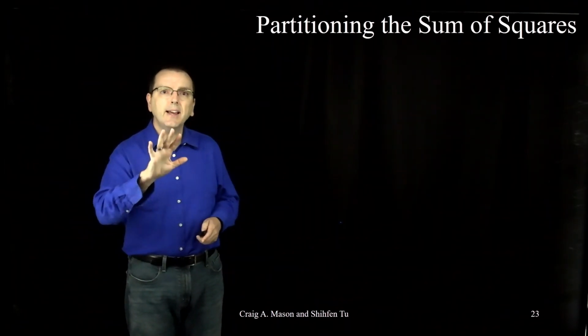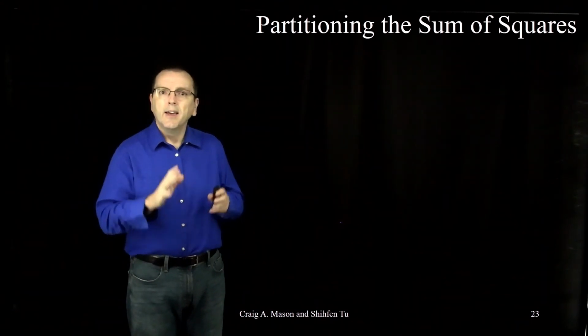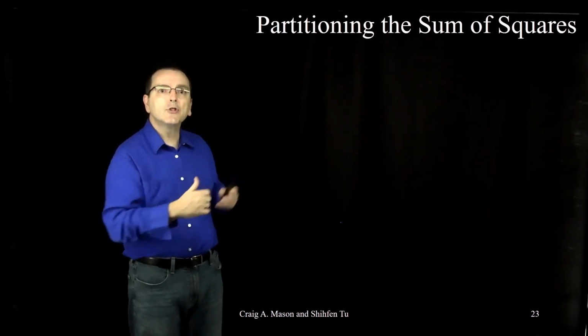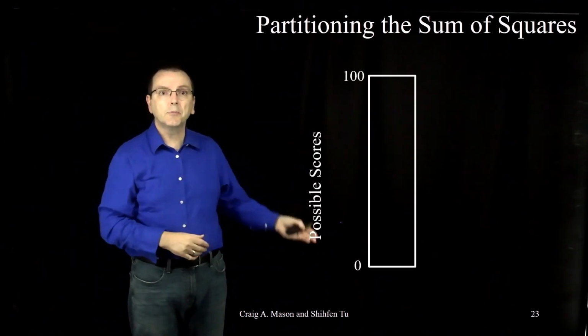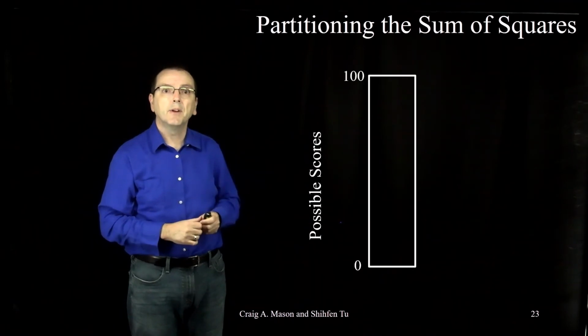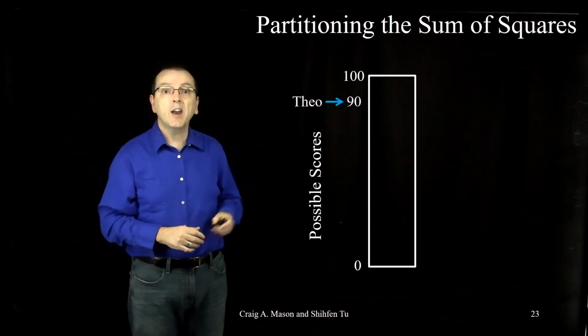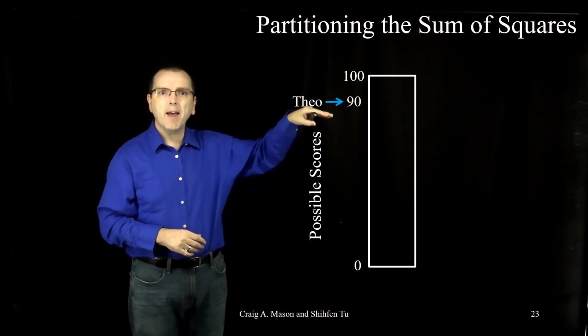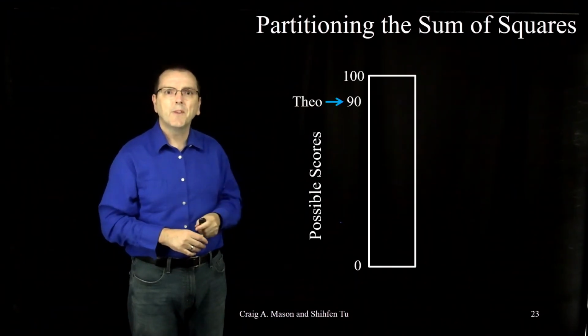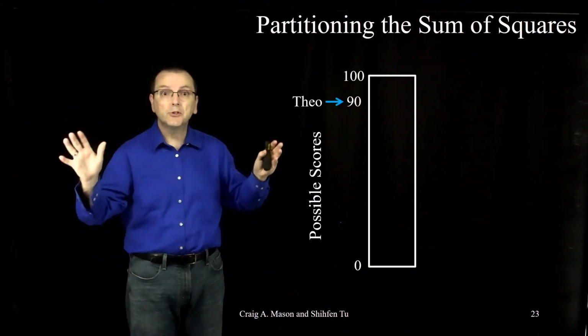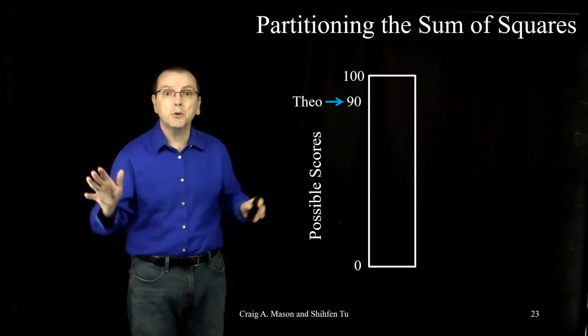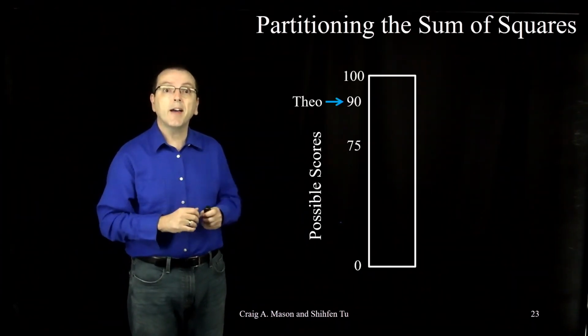Now, let's take a look at that visually. And at the same time, I want to introduce some new notation. So let's start with our possible range of scores from 0 up to 100. We know Theo scored a 90, which is right around here. Now, the grand mean, again, the mean for all the scores across all the groups, was 75.